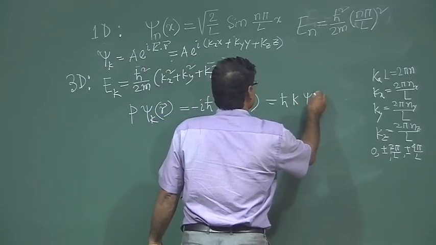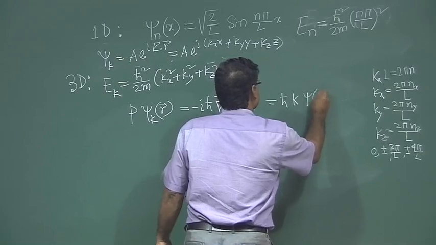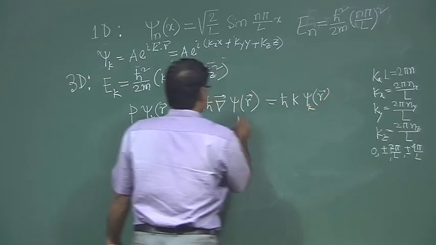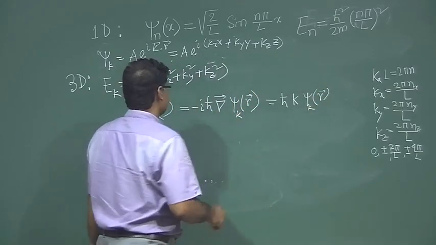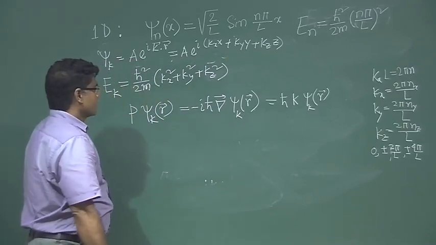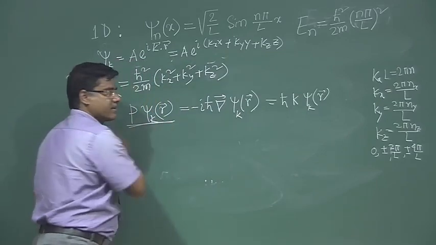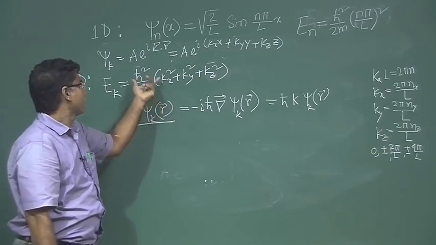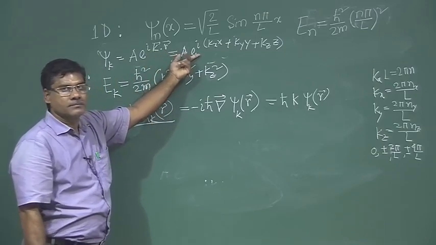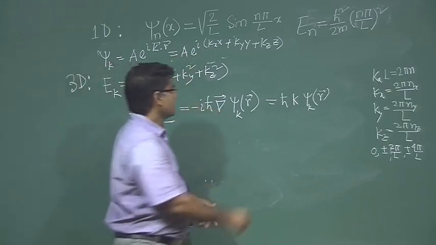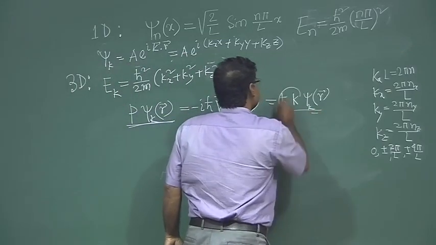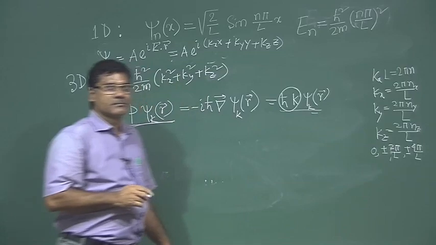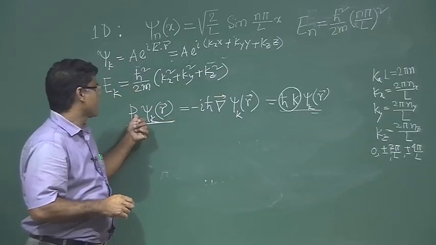So, you get h cross k times psi of r. One should write in principle k. As if you have applied the momentum operator on this wave function, and you are getting this. So, this is the eigenvalue of this operator.